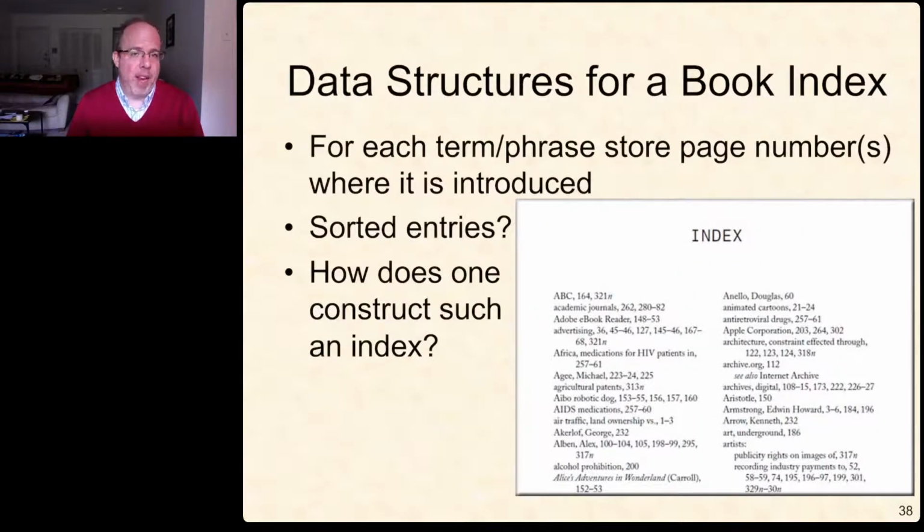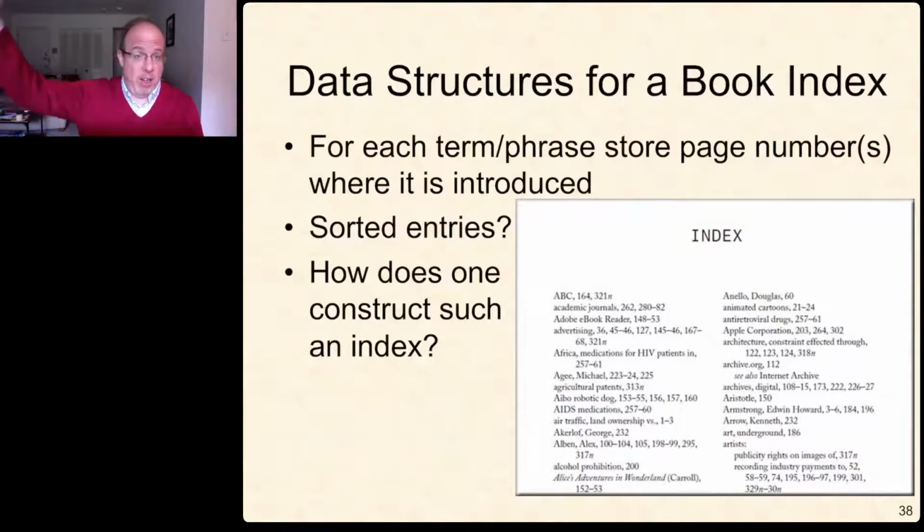Another example where you might want to use something like a hash table is a book index. For each term of interest, and maybe you define the set of terms that you really care about, you scan the entire book and you store all of the page numbers at which each of those terms exists.